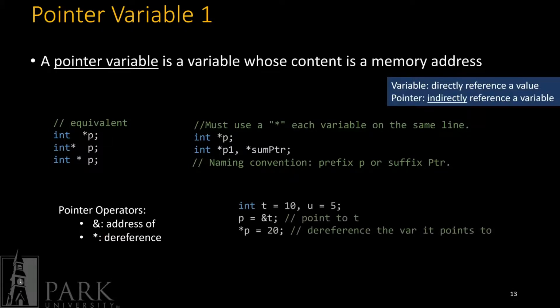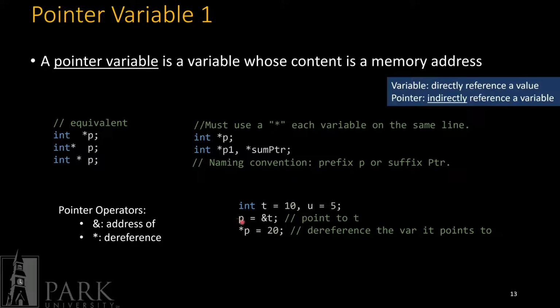For example, given two int variables, t and u, ampersand t gives us the address of variable t, and then we can store that in the pointer p when we declare it as a pointer. So here we have pointer p, we're dereferencing p, so whatever variable p points at, we're going to set it equal to 20.